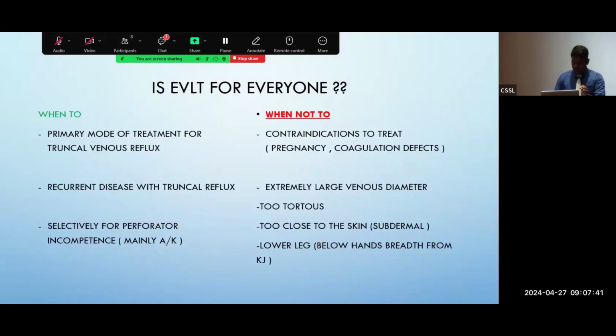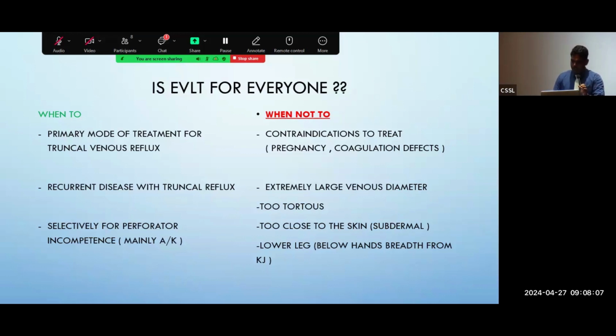Okay, so is EVLT for everyone? Not really. Sometimes you can't do laser treatment in patients with certain anatomy of the veins. For example, if the venous diameter is very large, more than 2 centimeters close to the junction, it is not that effective. Some people still do, but I would rather do open surgery.